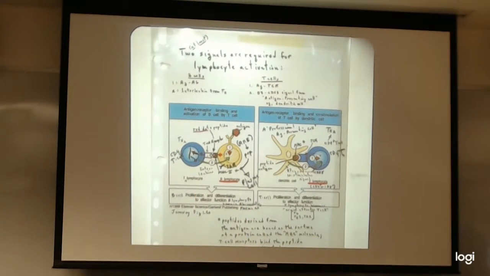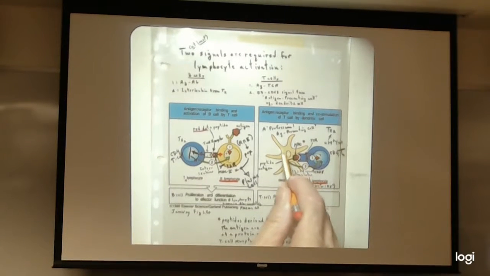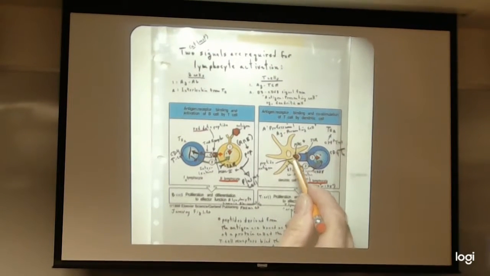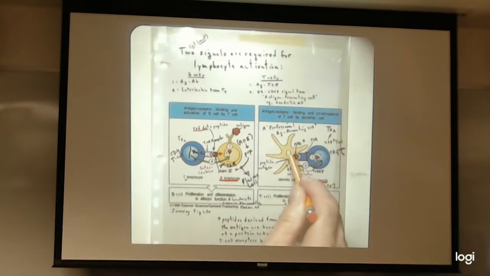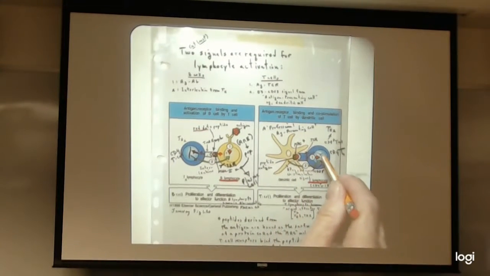The other major antigen-presenting cell is the dendritic cell, for example, here. So this dendritic cell has encountered the cognate antigen. It's very sticky on its surface, and it will bring foreign antigen in, cut it up into pieces, load some of the pieces, we hope, onto its MHC molecule, and present that foreign peptide to the T cell receptor on a T cell.